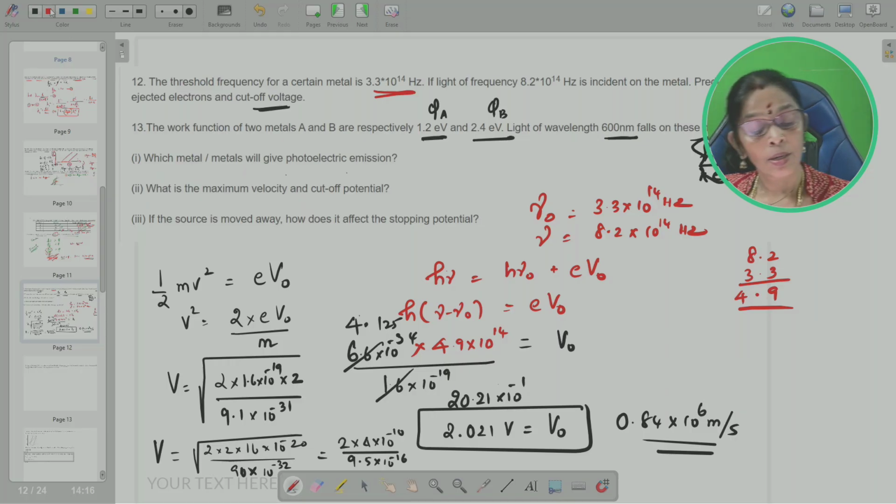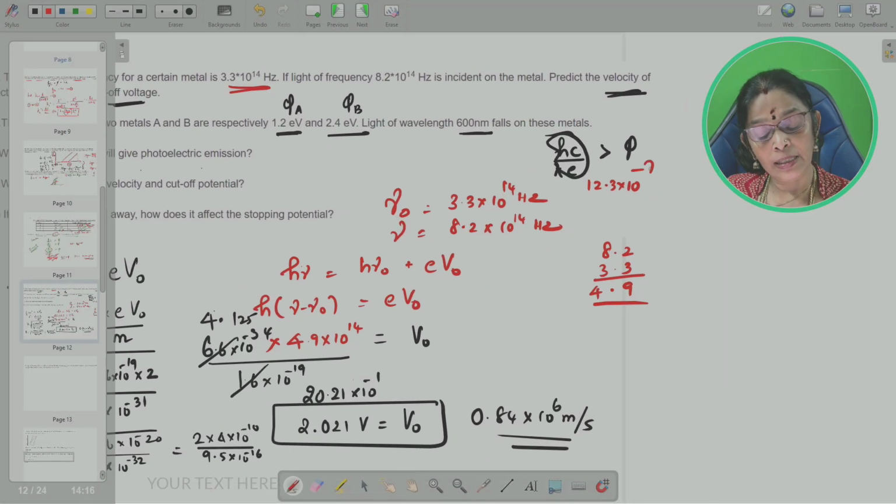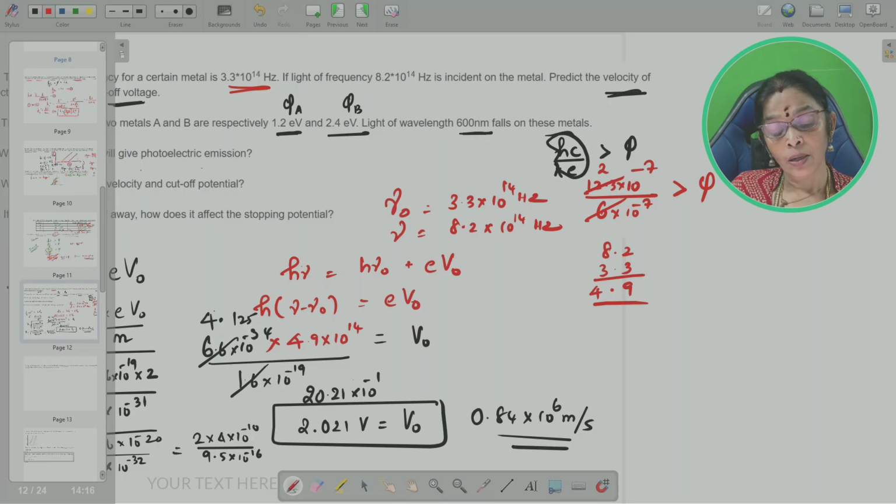That is 12.3 into 10 power minus 7 divided by lambda. Lambda is 600 into 10 power minus 7, and this should be greater than the work function. So approximately 2, and you get 2.5.